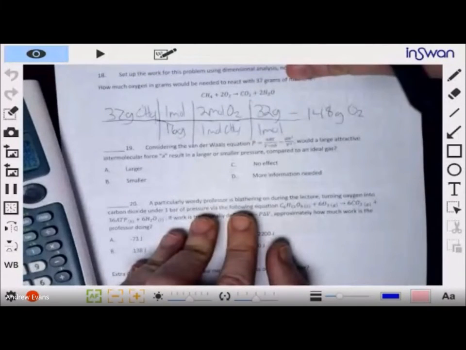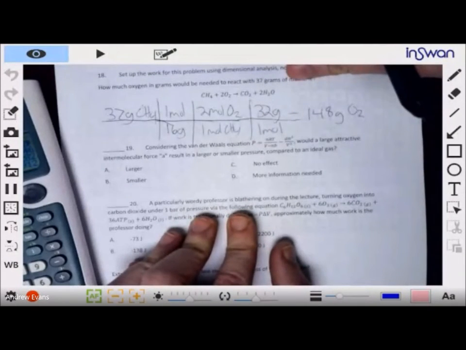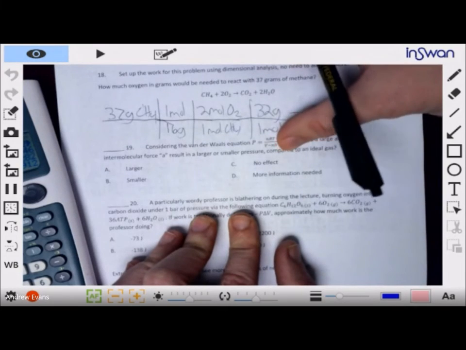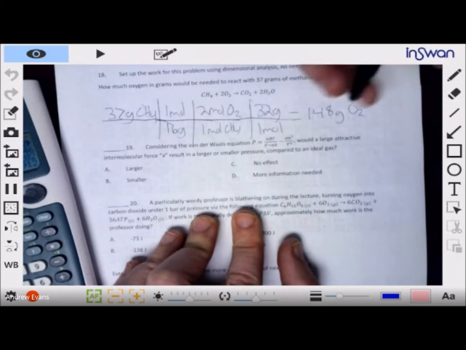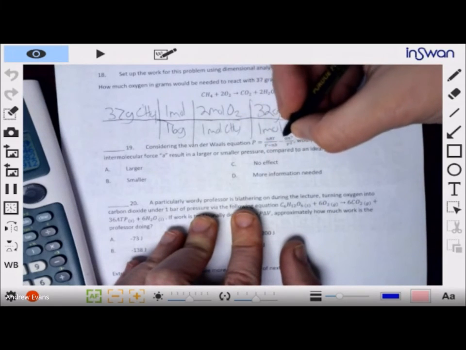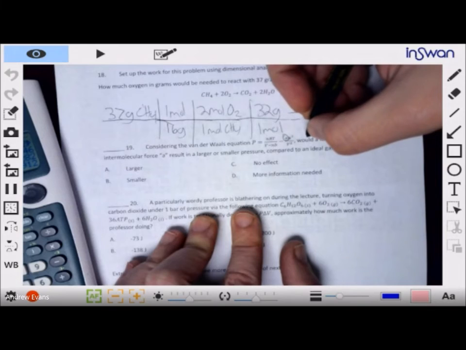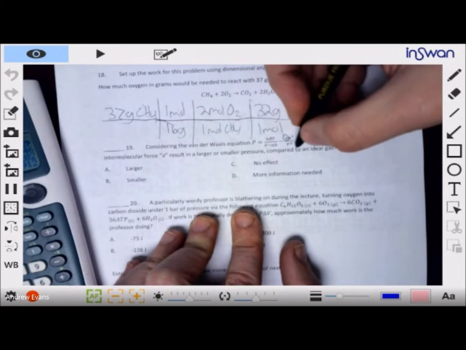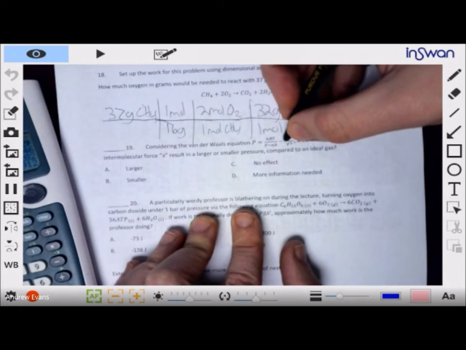Considering the van der Waals equation, P equals nRT over V minus nb, minus a n squared over V squared. Would a large attractive force result in a larger or smaller pressure compared to the ideal gas? So ideal gas is missing that term, and it's missing the nb. The attractive force is a. Your attractive molecular force a. Would a large a result in a larger or smaller pressure?